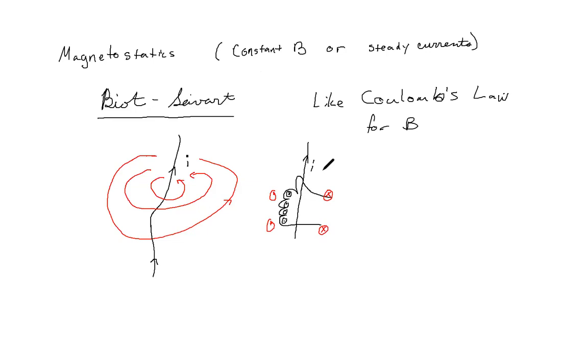This is a mental idea. Arnaldo, don't actually do it. You might electrocute yourself. But if you mentally grab the wire with your thumb in the direction of the current, the way your fingers wrap the wire will tell you the orientation of the magnetic field. And you can tell there's a lot of perpendicularity going on here. The magnetic field loops are perpendicular to the wire, at least when it's straight.